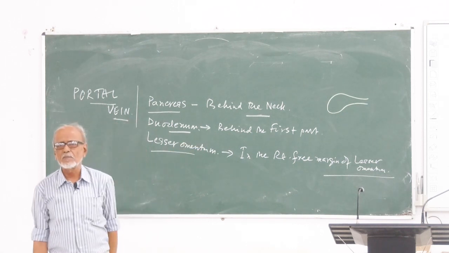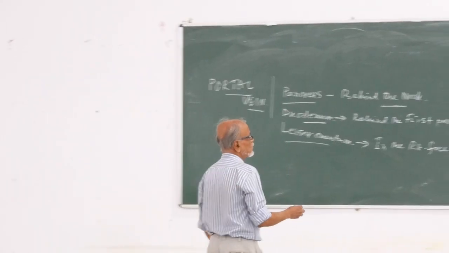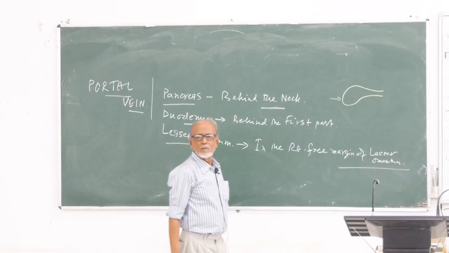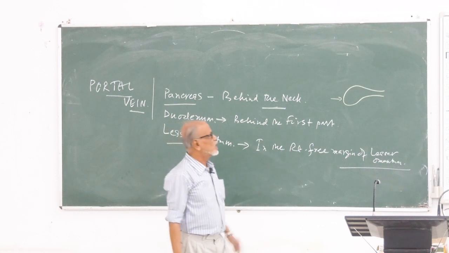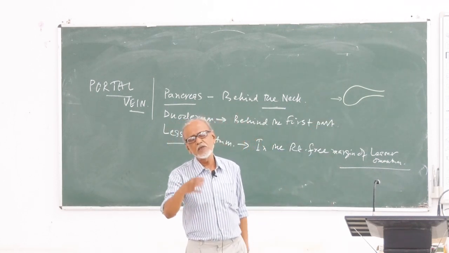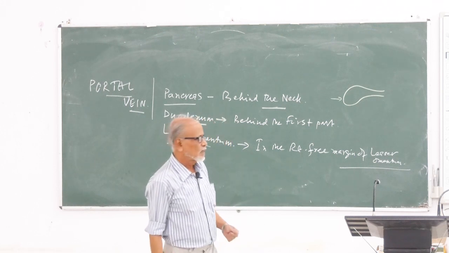This is lesser omentum and this is its right free margin, ঠিক আছে? এবার আমি লেসার ওমেন্টামটাকে কমপ্লিট করাটা কোনো ব্যাপার না, I can readily complete it, the lesser omentum. কি করতে হবে?